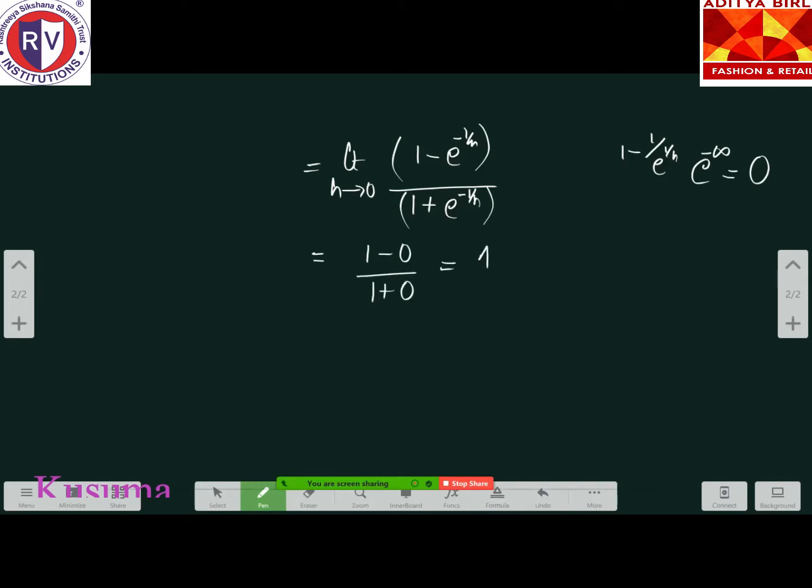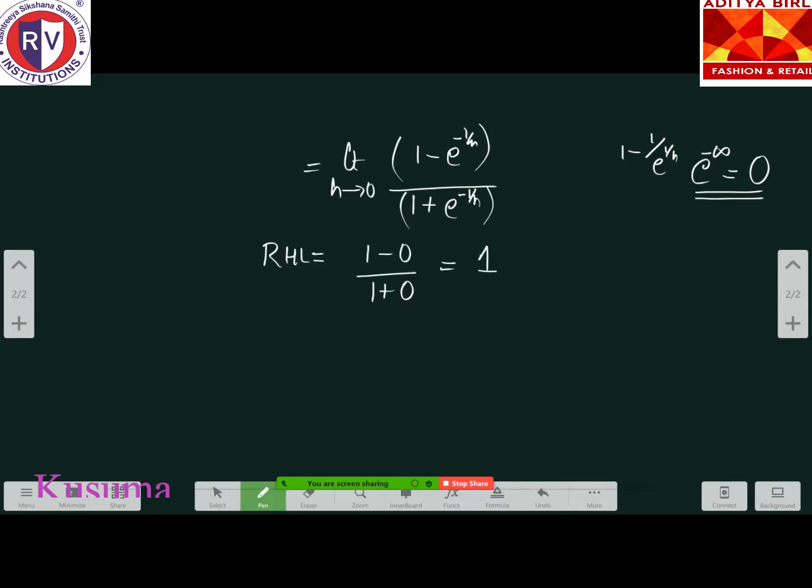The value is 1. That is, RHL is 1. Understood? Is it clear? Remember, e to the power of minus infinity is 0.